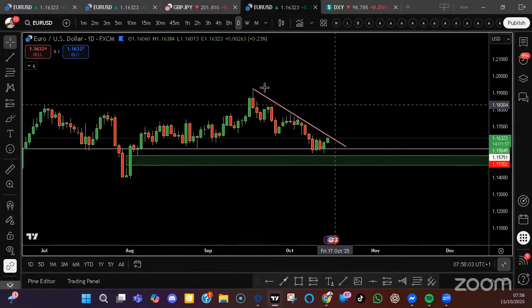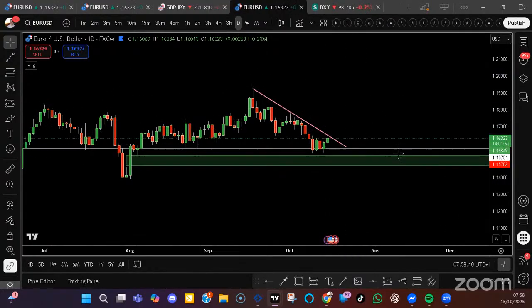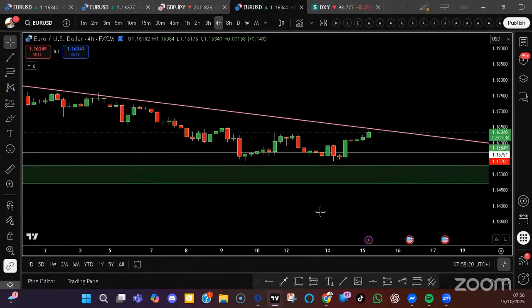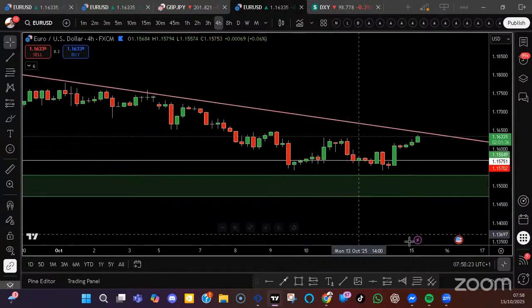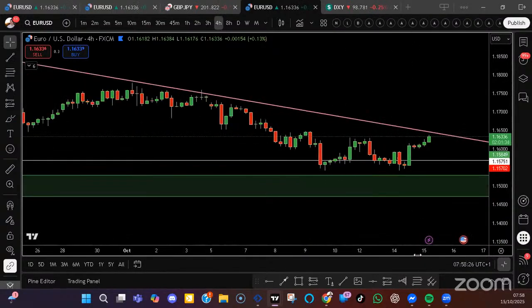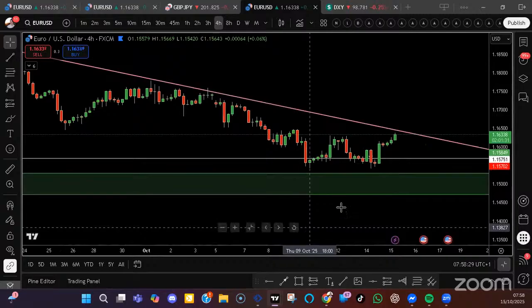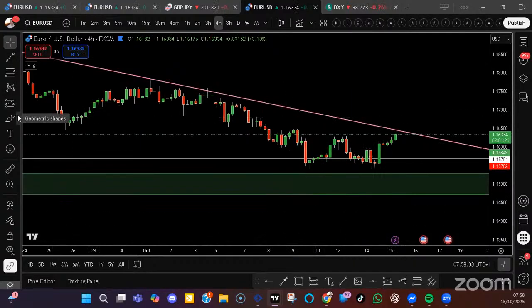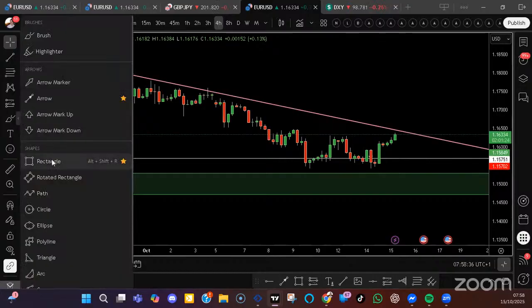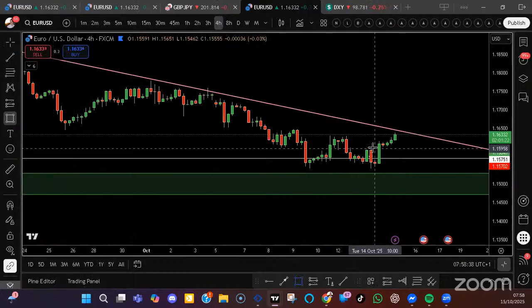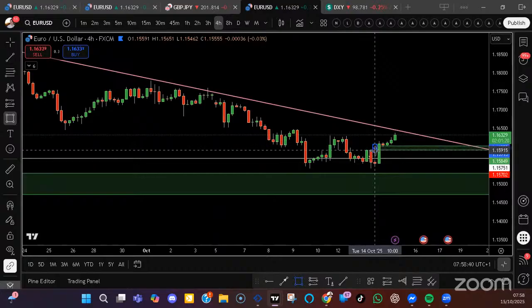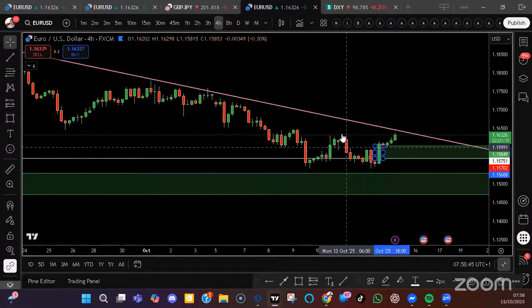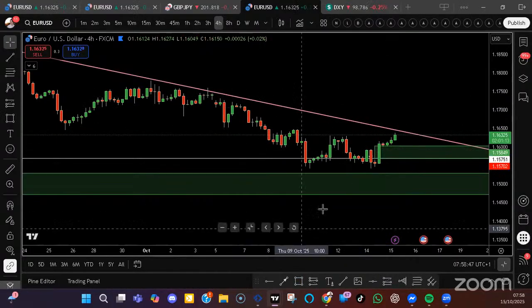So let's go down to the 4 hourly, and here we see that trend line. On the 4 hourly, here we see a little bit of imbalance, so we'll draw that imbalance up. From there to there, that is 4 hourly imbalance, which is fairly important.